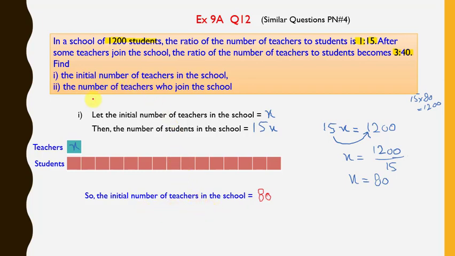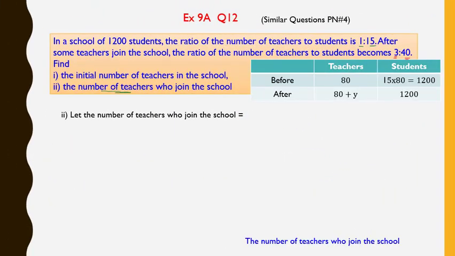Now we will solve the next part, in which we have to find the number of teachers who join the school. From our first part we know that initially we have 80 teachers for 1200 students, and the ratio was 1:15, 1 for the teachers and 15 for the students.